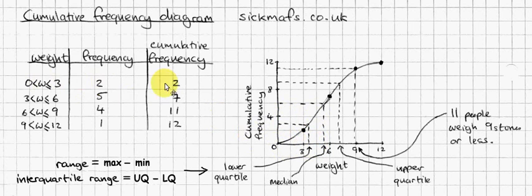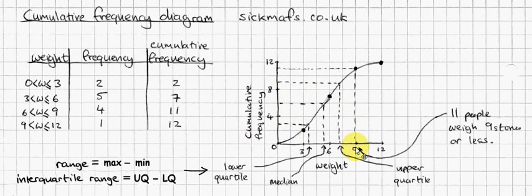If I go back to this, if I say this is 7 people, the data from here on down represents these 7 people in this category, and 11 people are in this category, and these groups, or classes. So the way cumulative frequency works is that it's this data and less.